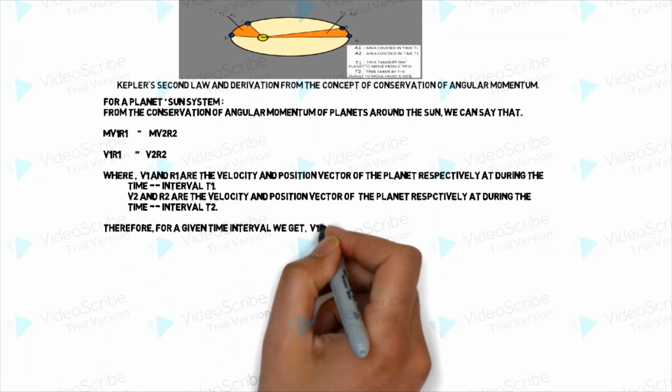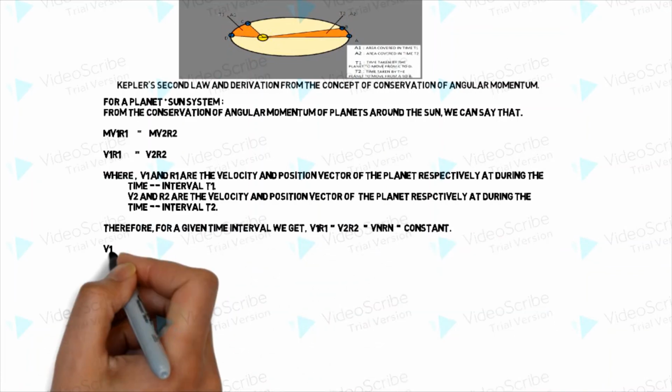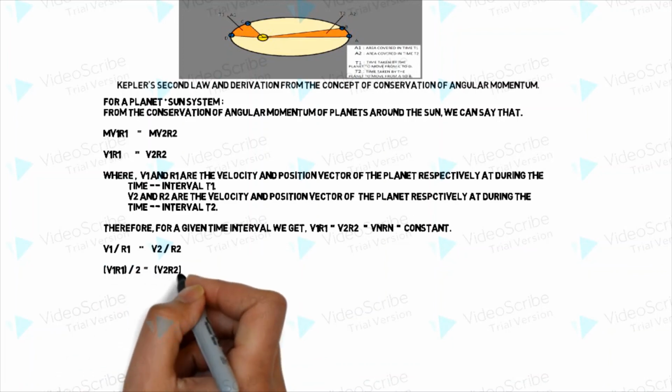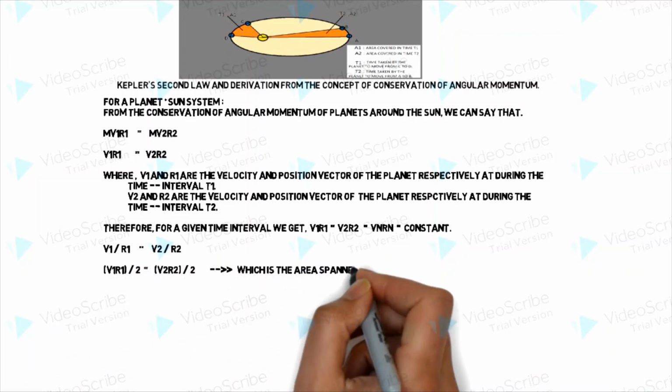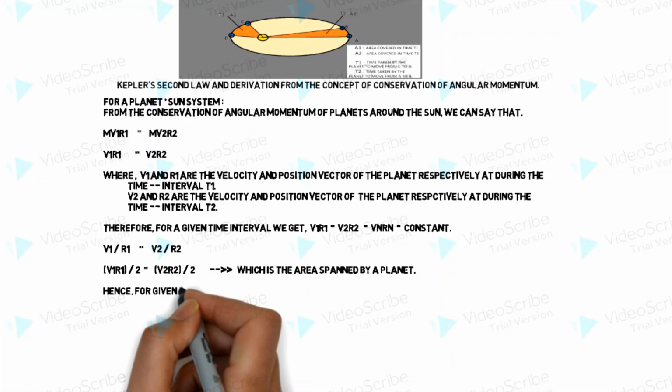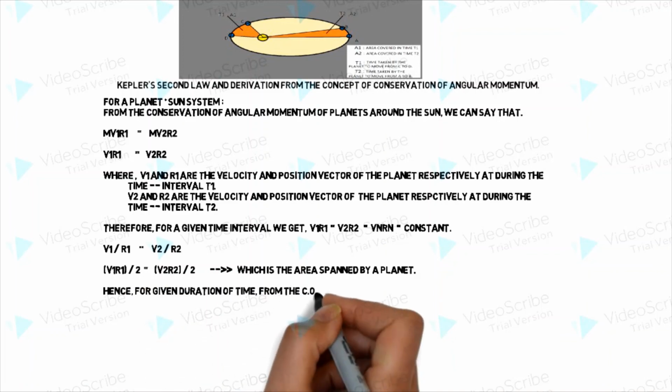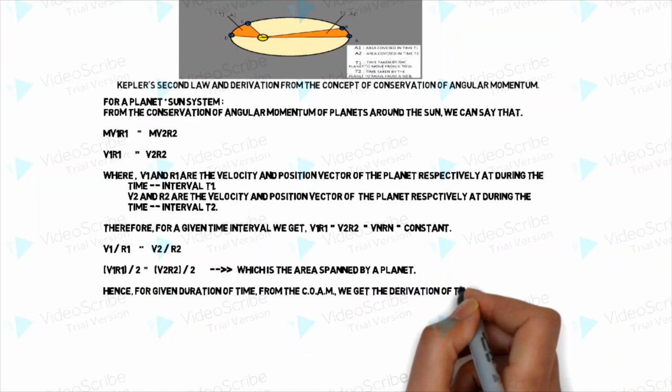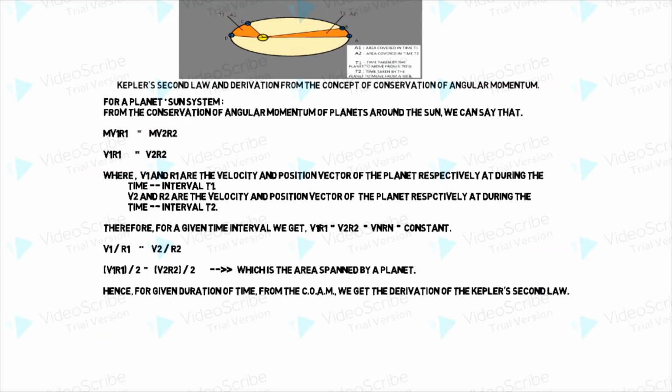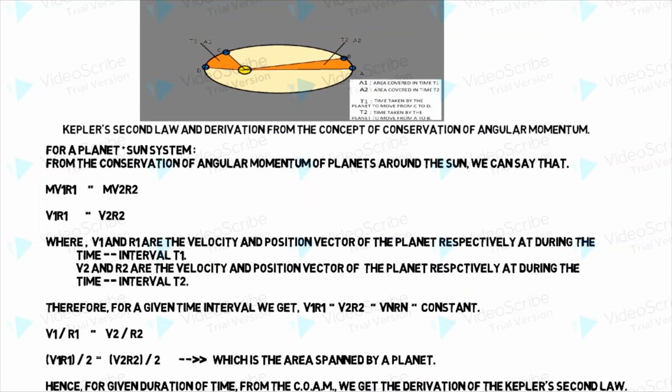Therefore, for a given time interval, we get v1 r1 equals v2 r2 equals vn rn equals constant. So v1 r1 upon 2 equals v2 r2 upon 2, which is the area spanned by the planet. Hence, for a given duration of time, from the conservation of angular momentum we get the derivation of Kepler's second law.